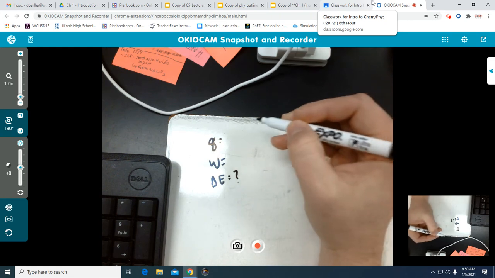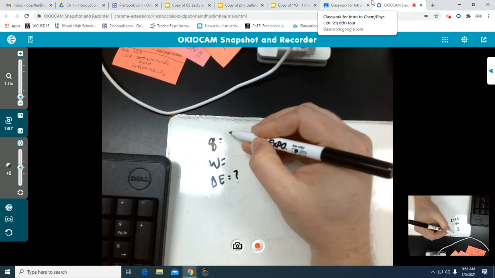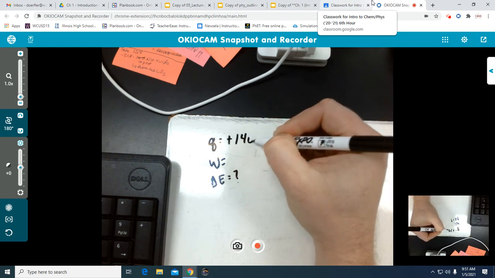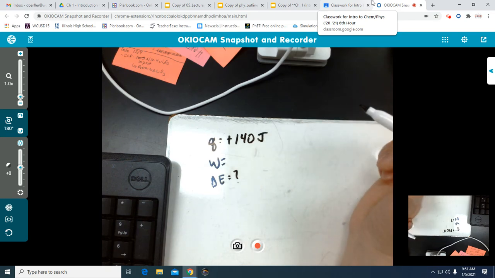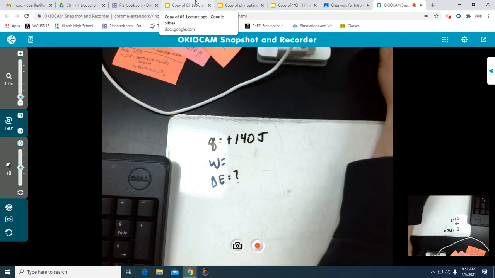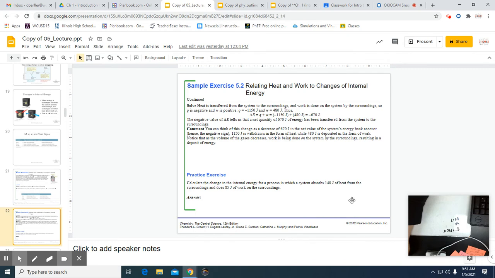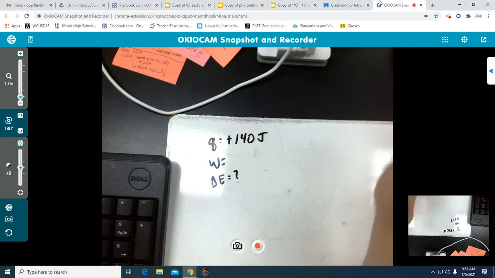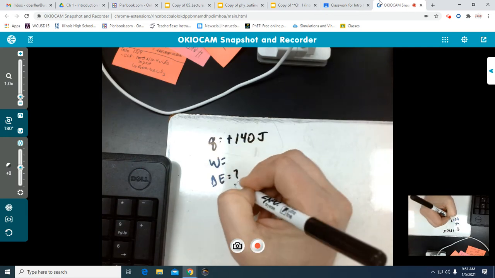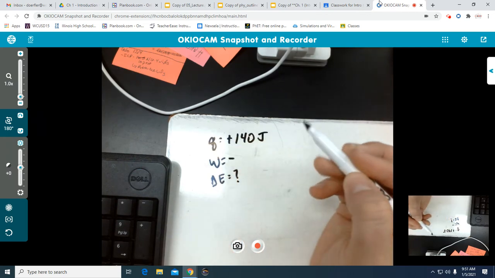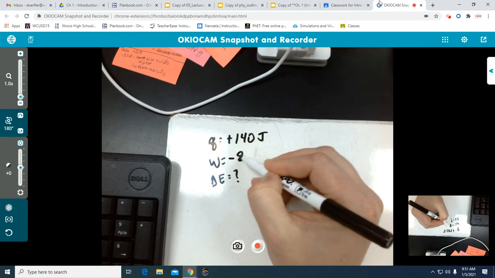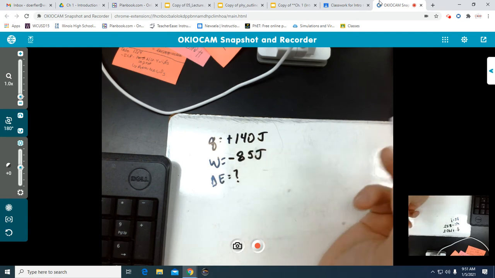Since the system is absorbing it, that means it's a positive 140 joules. Now for W, it says that the system does 85 joules of work on the surroundings. Thinking about what sign to apply, since the system does work onto the surroundings, that must mean it's a negative 85 joules.